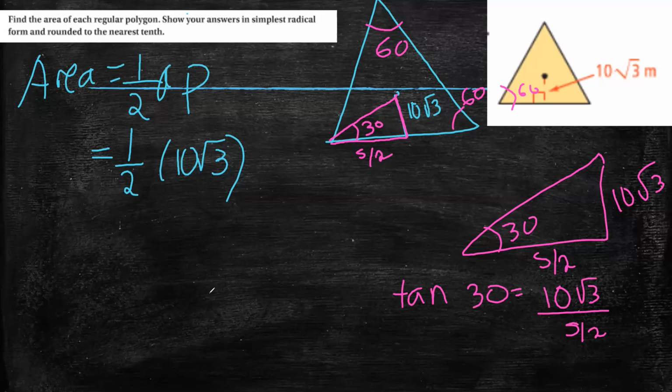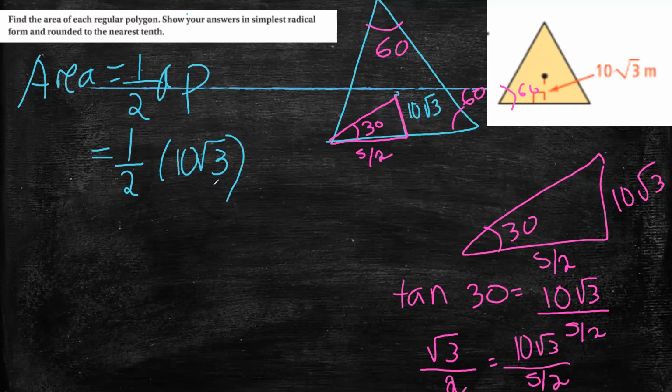Now tan 30 is square root of 3 over 2. It's equal to 10 square root of 3 over s over 2. Let's multiply now. 2 times 10 square root of 3 will be 20 square root of 3.